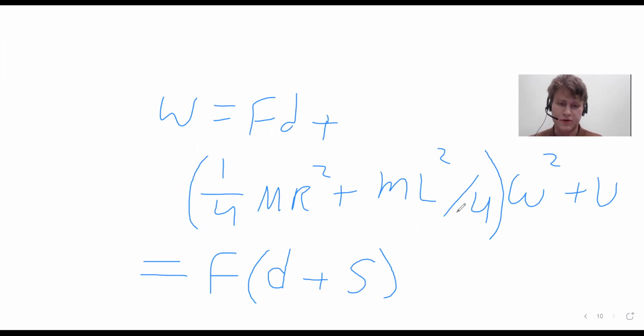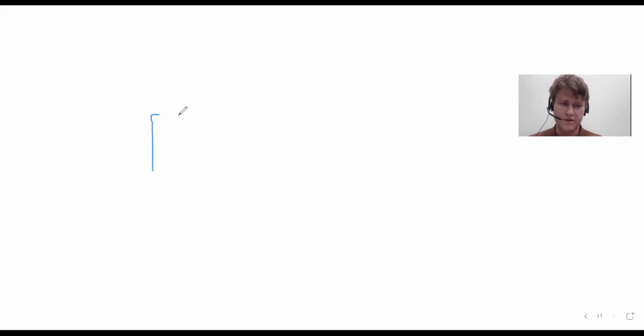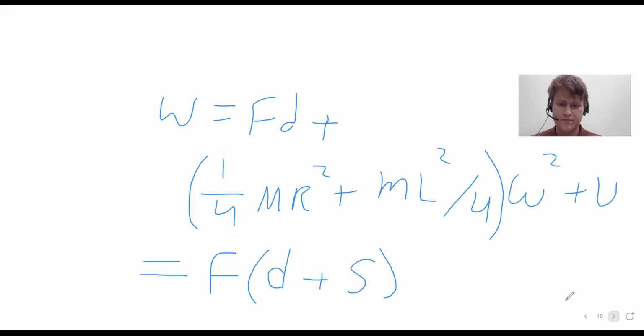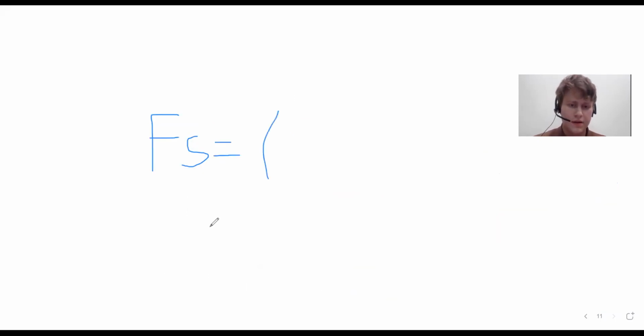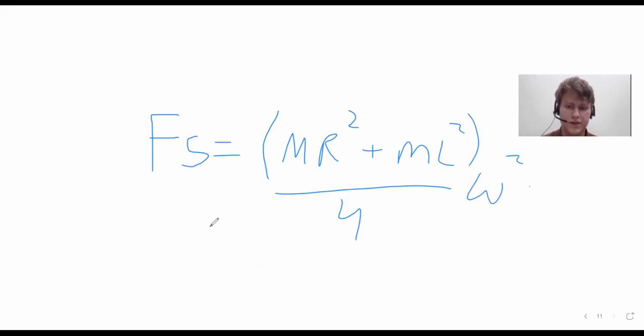And then in that case, we would just need to take F times S, and then subtract off all of this nonsense right here to get our internal energy. So we would then have F times S equals, let me go back to my first page here, 1/4 mr squared plus little m L squared over 4 omega squared plus u.